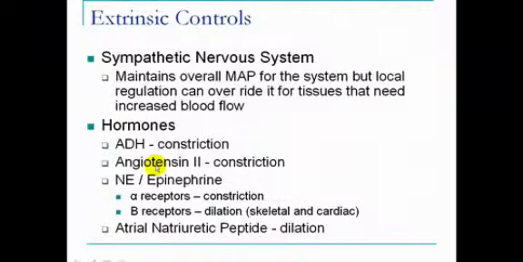When you go into sympathetic, think about it in general. We're going to cause overall vasoconstriction of all arterioles in the body. If I vasoconstrict all arterioles of the body, then my blood pressure is going to go up. Well, for some tissues, when you're in sympathetic, you want more blood flow to those tissues. So then the local control will kick in and override that vasoconstriction.